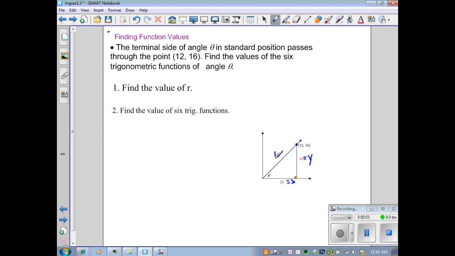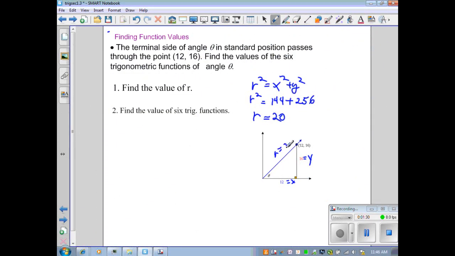In this case, I do want to find r, and here r squared equals x squared plus y squared. Substituting in, r squared is equal to 12 squared, which is 144, plus 16 squared, which is 256. Now, when we simplify that, we're going to have r squared equal to 400. We take the square root of both sides, and I will get r equal to 20.